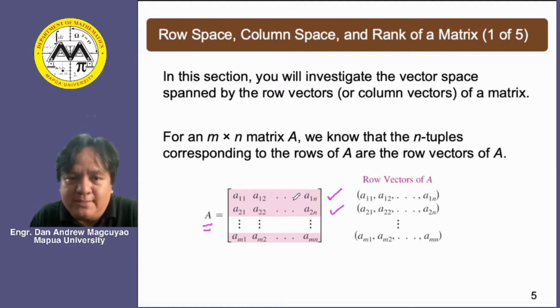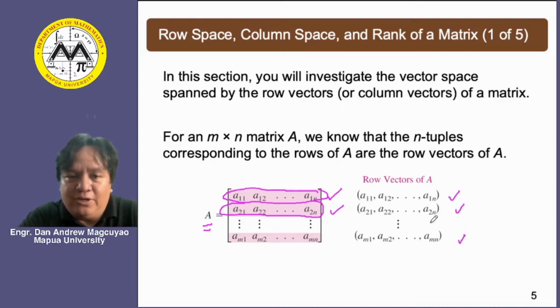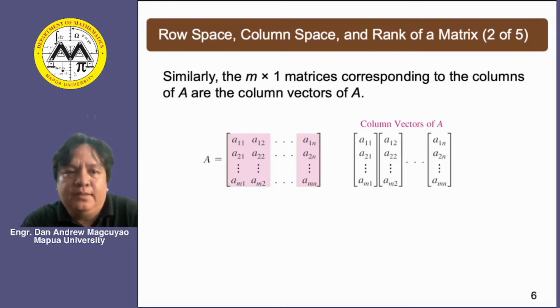So this is the first vector, the second vector, and so on. So this matrix A is spanned by row vectors. So this set of vectors are augmented together.